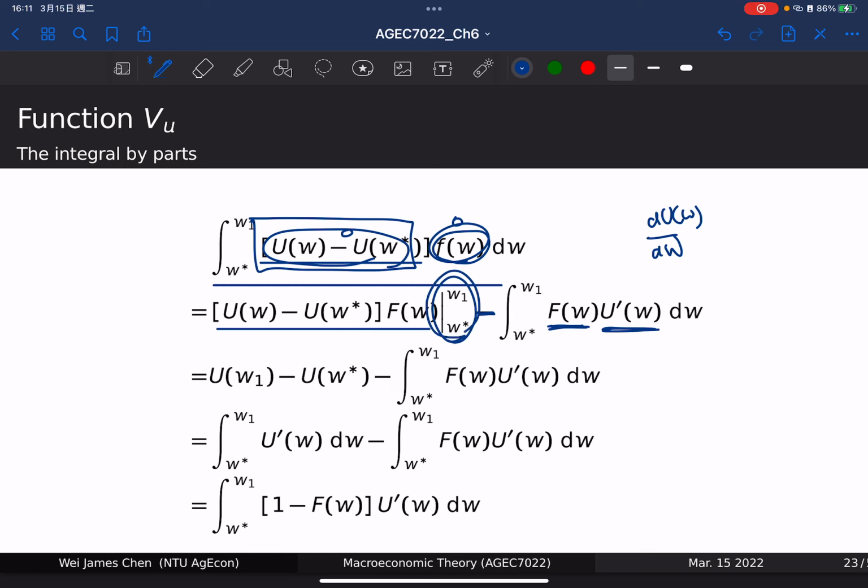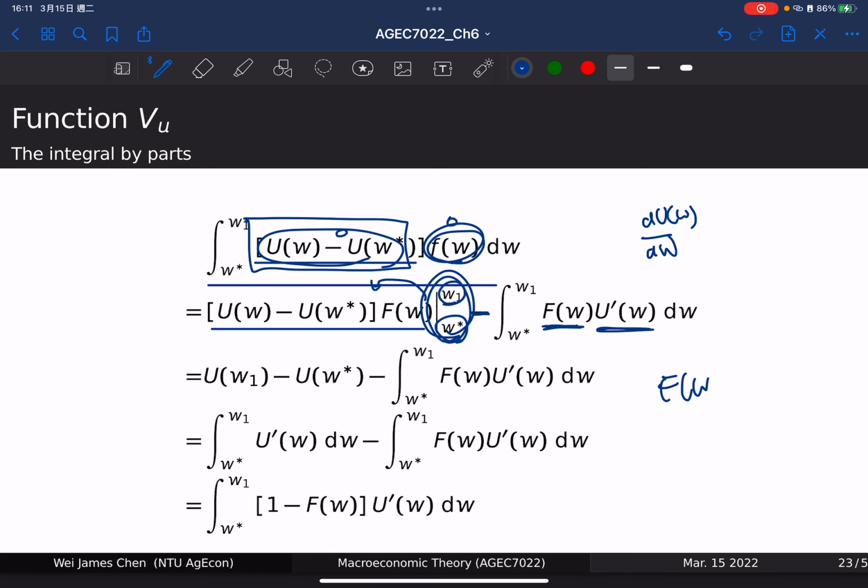If you insert w1 and w star inside, remember F of w1 is going to be 1 by definition, because that's the CDF. The CDF at the upper bound will be 1. So the first term would be u of w1 minus u of w star.